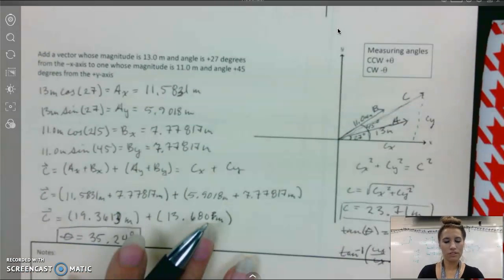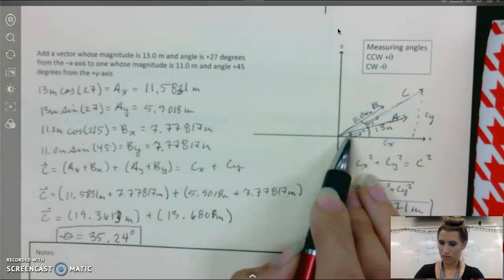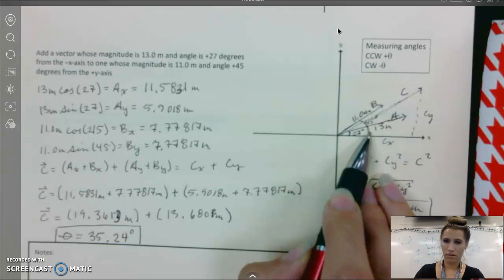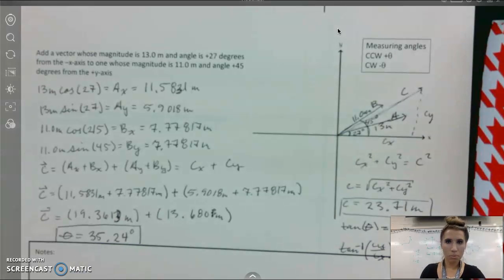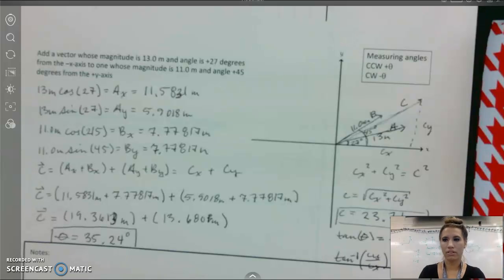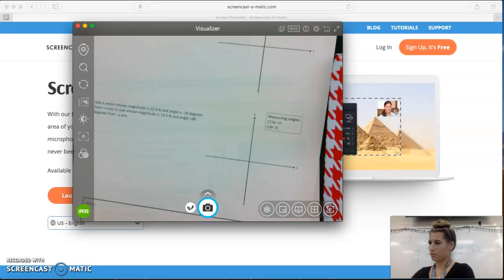Now ask yourself, is this logical? Well, this is 27 degrees right there. That one's 45 degrees. And so this one is less than 45. And so that's a reasonable number. So it's a good way to check that you did your work right. Okay?